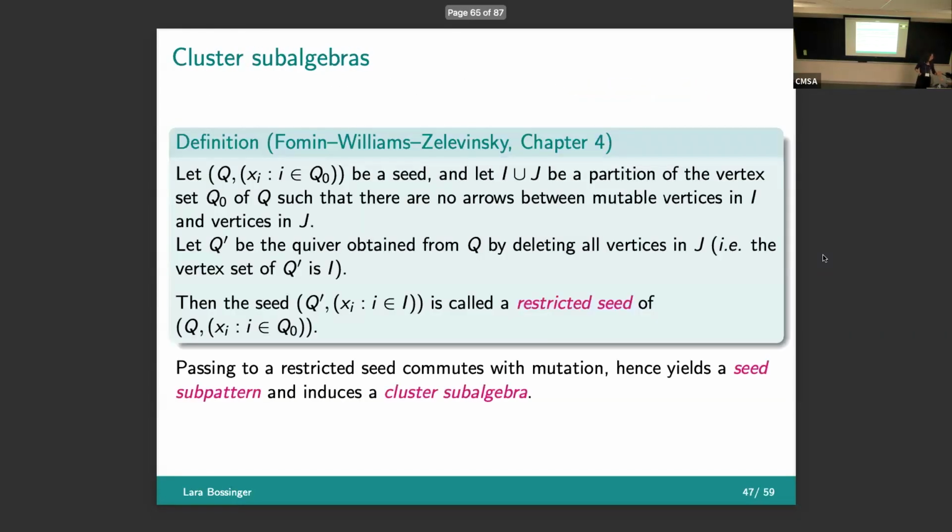And okay, so the point of this slide is to get to an interesting example of cluster subalgebras where the big quiver will correspond to the cluster algebra of a Grassmannian, and the small quiver will surprisingly correspond to partial flag varieties. In general, if you think of Grassmannians and partial flag varieties, the Grassmannian is like the smaller example, and you have many Grassmannians inside a partial flag variety.